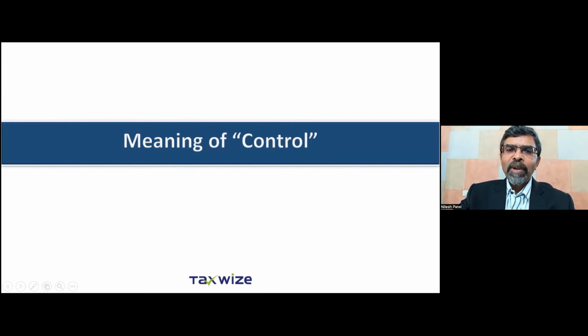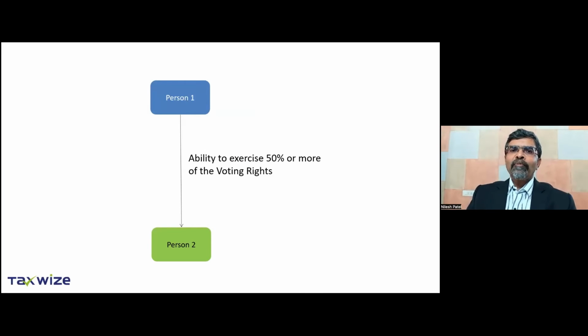Now, let me explain to you what is meant by control. The first criteria of control is one person has the ability to exercise 50% or more voting rights in another person.